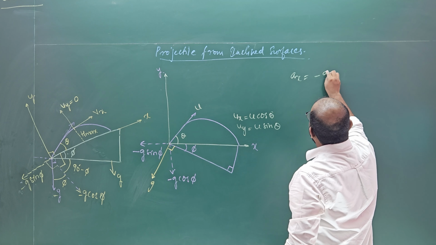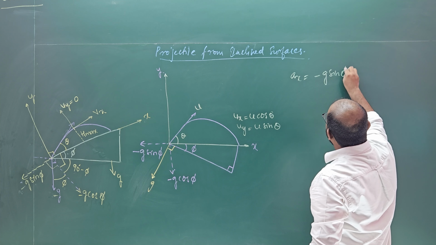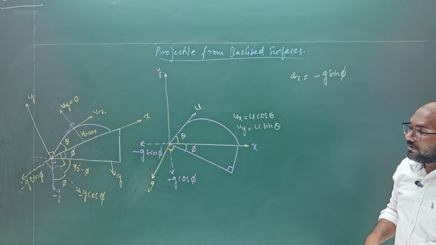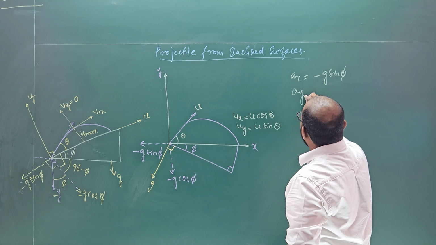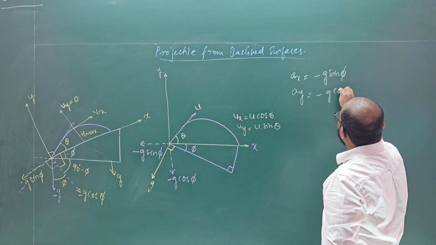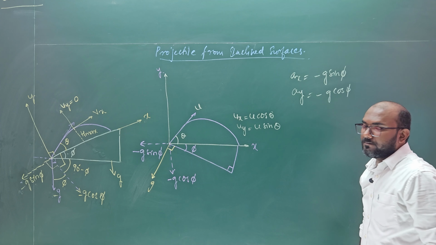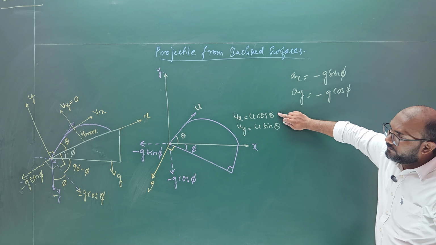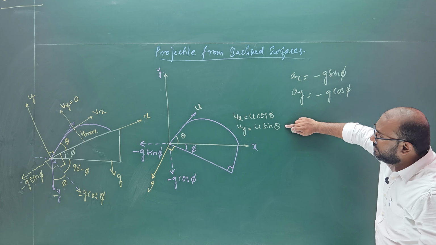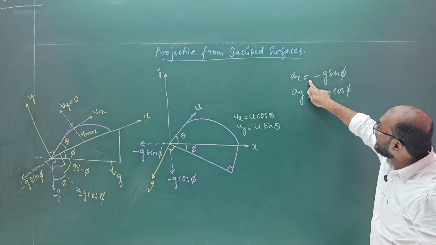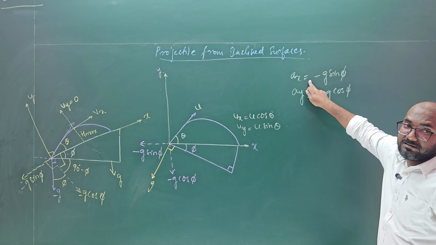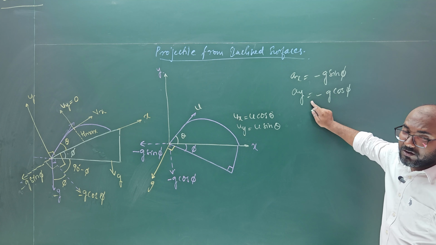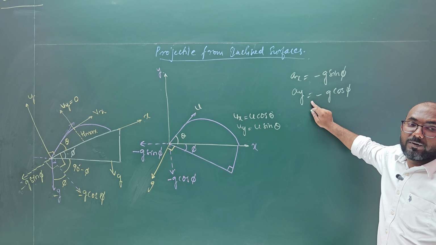Acceleration along x-axis is minus g sine theta. Sorry, phi. Are yes or no? Similarly, acceleration along y-axis is nothing but minus g cos phi. Okay. So we are having what? Initial velocity along x-axis. We are having initial velocity along y-axis. We are having acceleration along x-axis this time, and acceleration along y-axis. And I got my point.